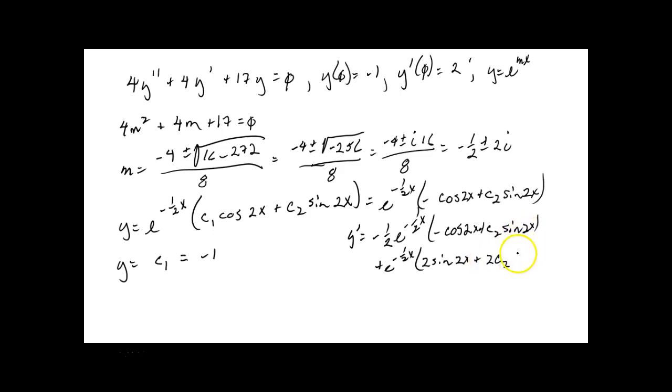Is that product rule on that C2? No, C2 is a constant. Okay, cool. 2C2 cosine 2x. Okay. Now we've got y prime.